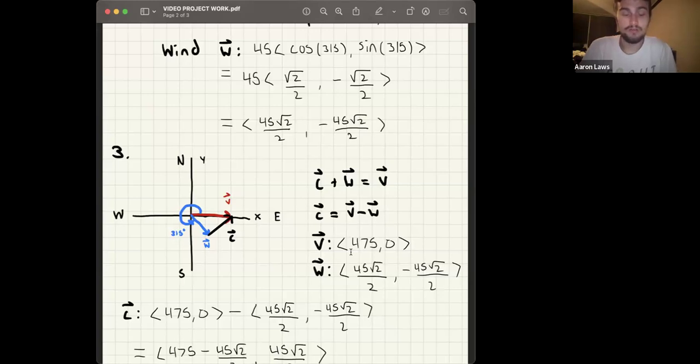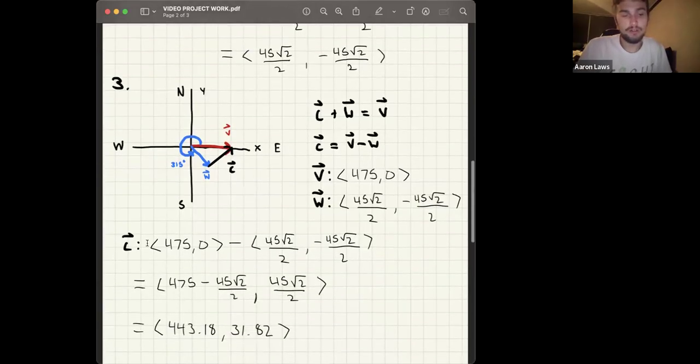Again, our velocity vector is 475, 0, and then our wind vector is 45 times square root 2 over 2, negative 45 square root 2 over 2. That equation ends up looking like this: 475, 0 minus 45 times square root 2 over 2, negative 45 square root 2 over 2.